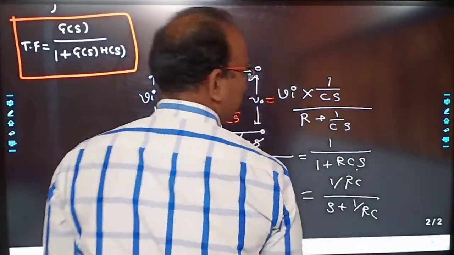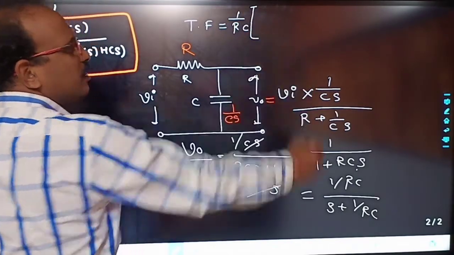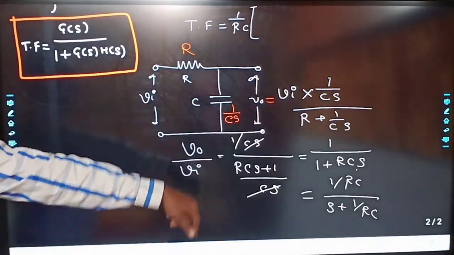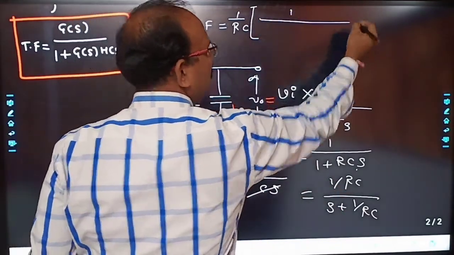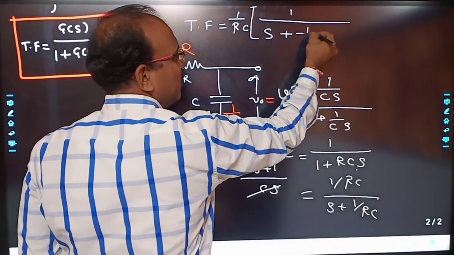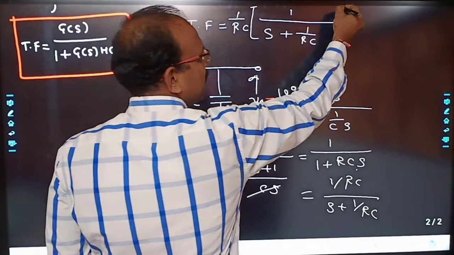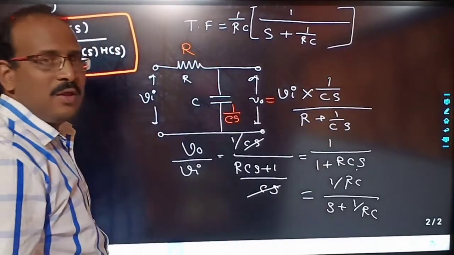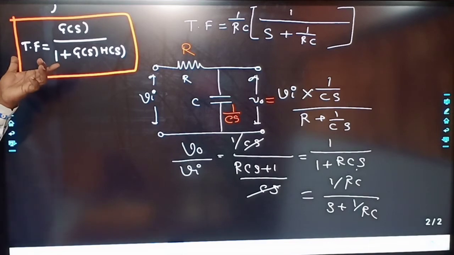So what is the transfer function of this? If I take 1 by RC common, this is a constant that depends on R and C. This is 1 upon S plus 1 by RC, and 1 by RC is a time constant. This is the transfer function. So is it presented in this way? Yes, it is presented in this way.